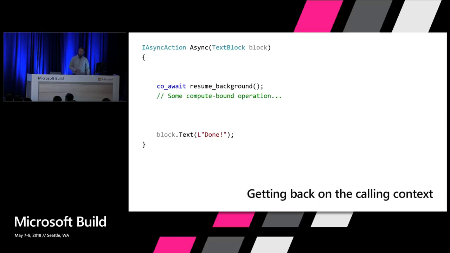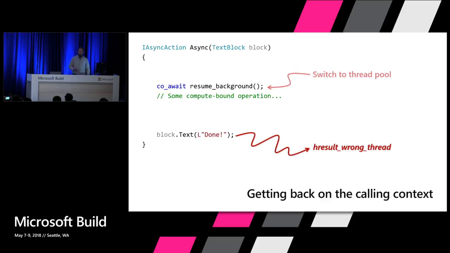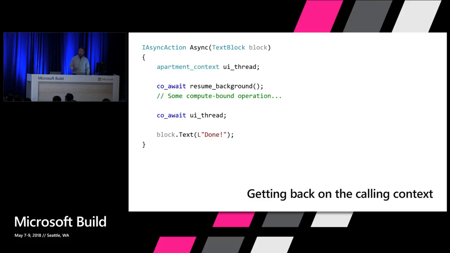We have this coroutine here, and we switch to the thread pool, but then we want to go and update that text block. It's a XAML control, it has thread affinity, and boom, it throws an HRESULT wrong thread exception. The solution there is to capture the original context within which that coroutine was called. One option is the apartment context, and we can now capture the exact apartment context that that call comes from, which happens to represent the thread for a UWP, for a UI application.